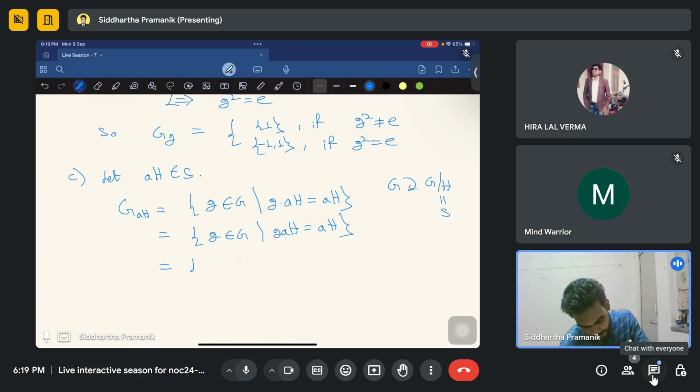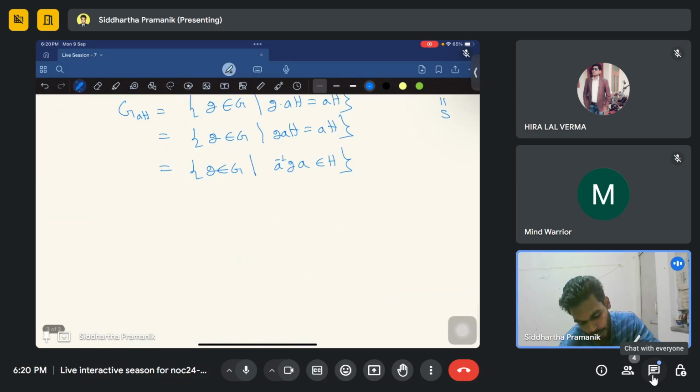and this is same as g belongs to G such that a inverse g a belongs to H, right? So this is because aH equals bH if and only if a inverse b belongs to H. You can try to prove this.